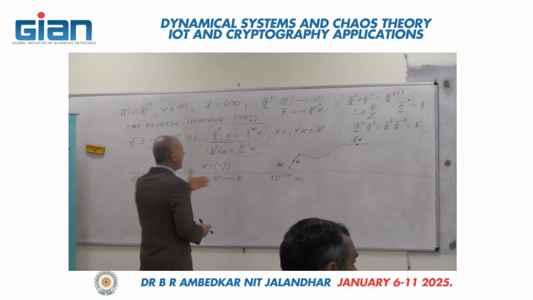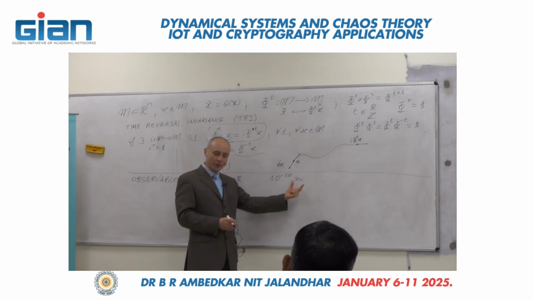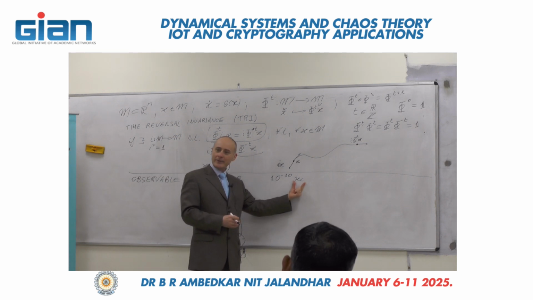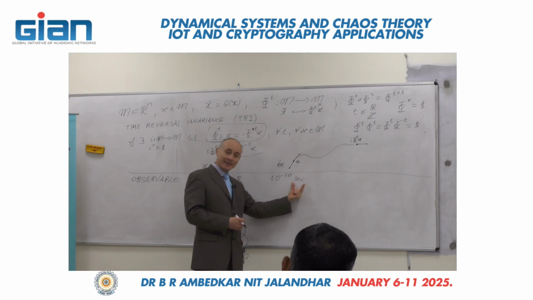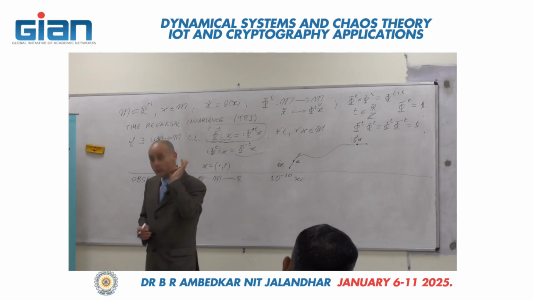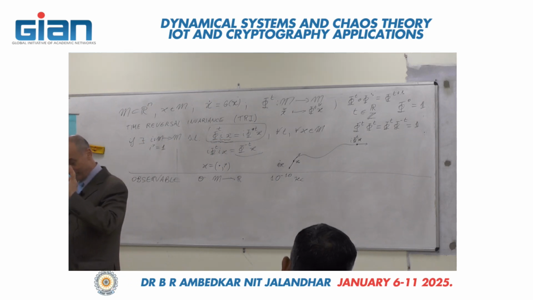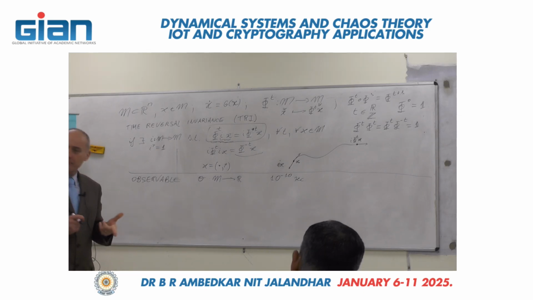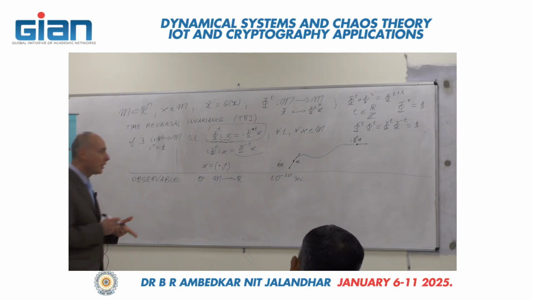Because 5 minutes is 60 times 5, which makes 300 seconds, and you have 10 to the 10 events in 1 second. So it is a huge time for a molecule.